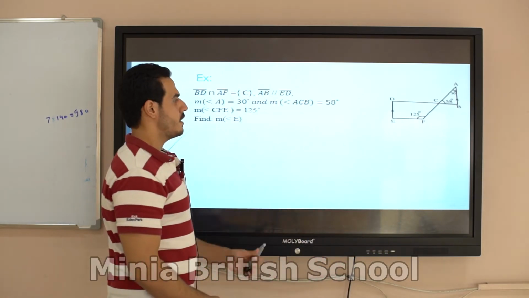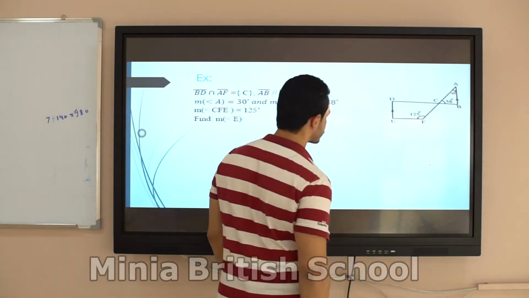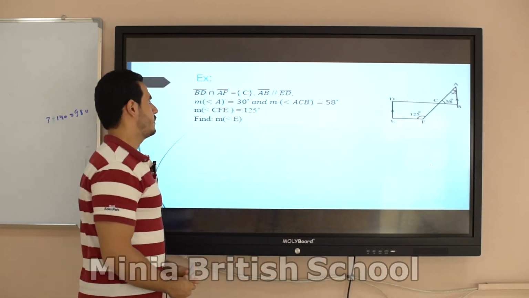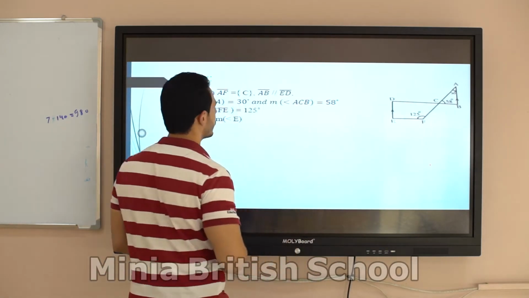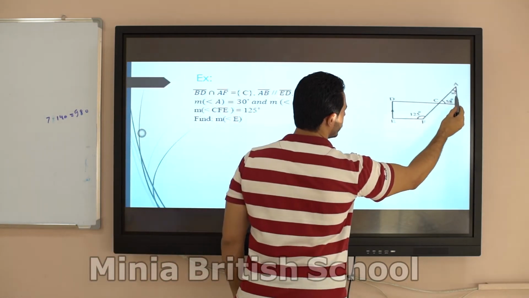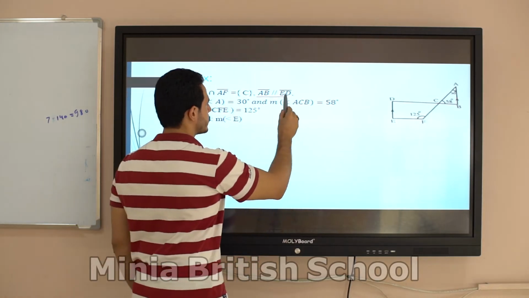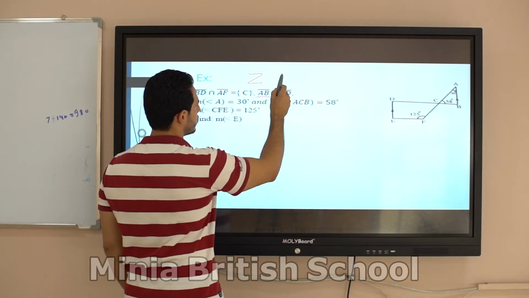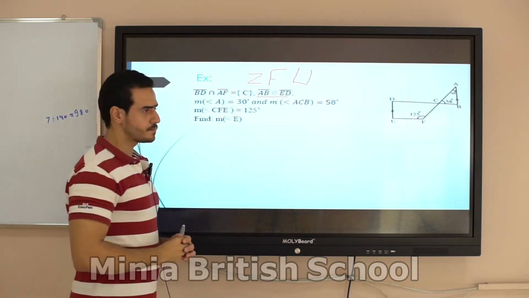Okay. In the opposite figure, BD intersects AF at C. Okay? AB is parallel to ED. If you see parallel, search for alternate, corresponding, or interior angles.